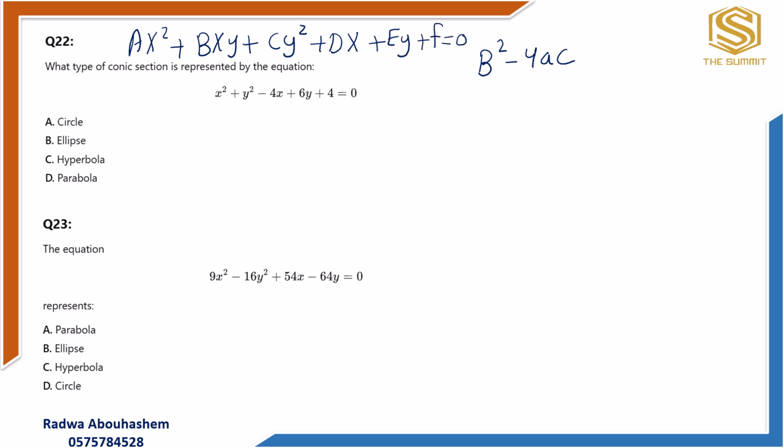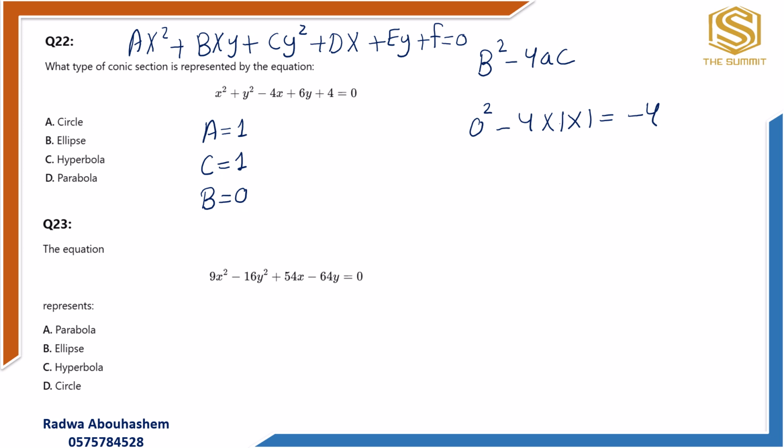Now, what are the coefficients? A equals 1 and c, which is the coefficient of y power 2, is 1. And we don't have b, so it's 0. So let's now apply it. So 0 power 2 minus 4 times 1 times 1 gives me negative 4.